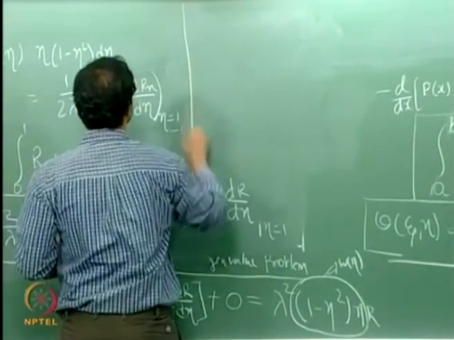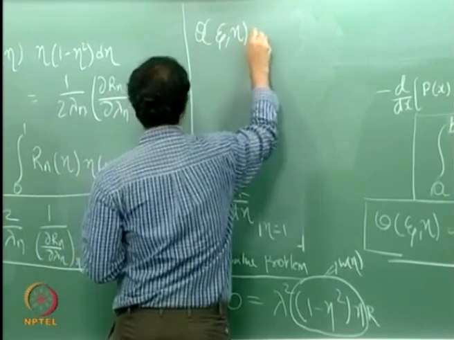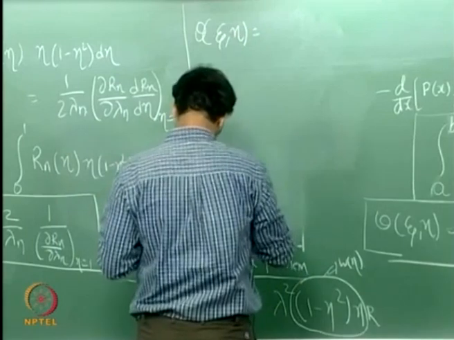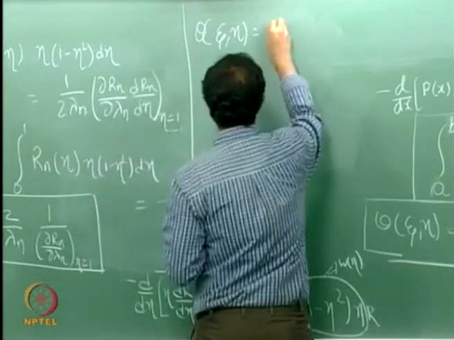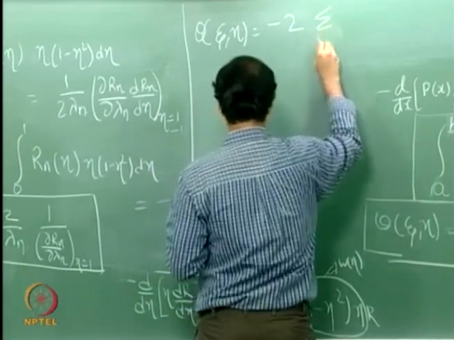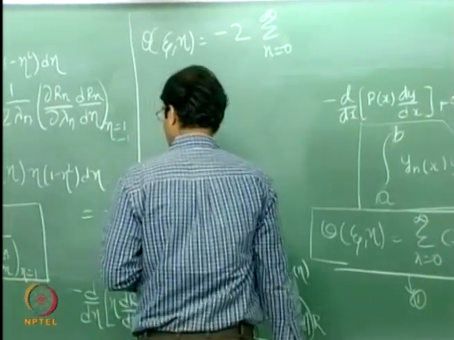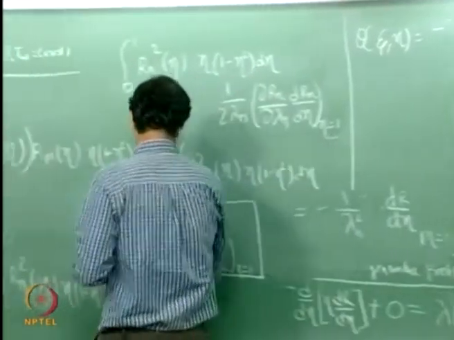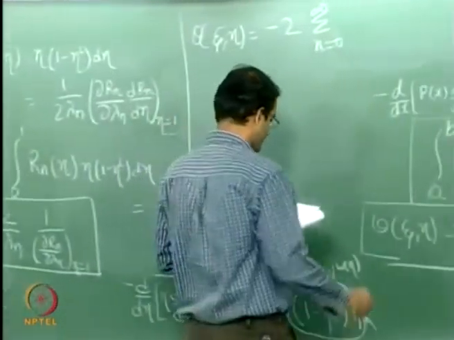So therefore the solution for theta can be written as minus 2, this can be taken out, and I have summation n equal to 0 to infinity. The C n are all functions of n, so I have to keep them inside the summation.